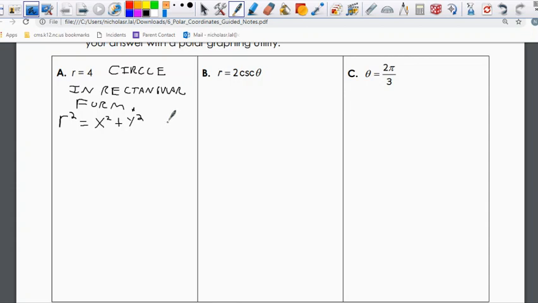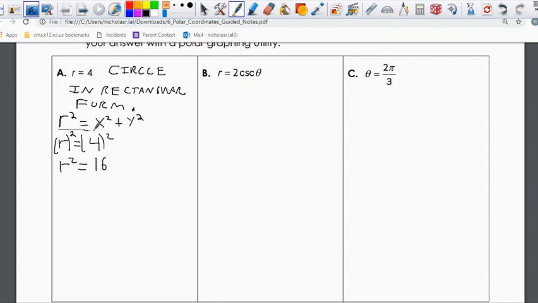So if r equals 4, then r squared is equal to 16.